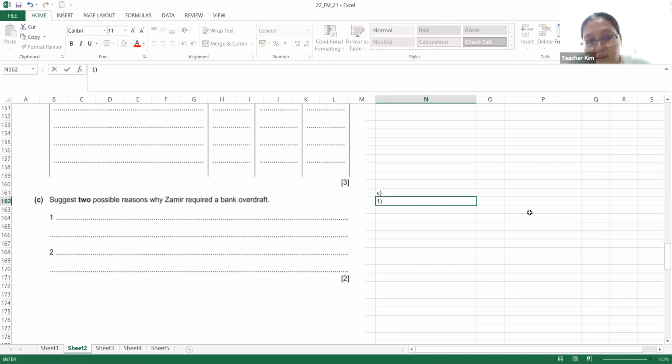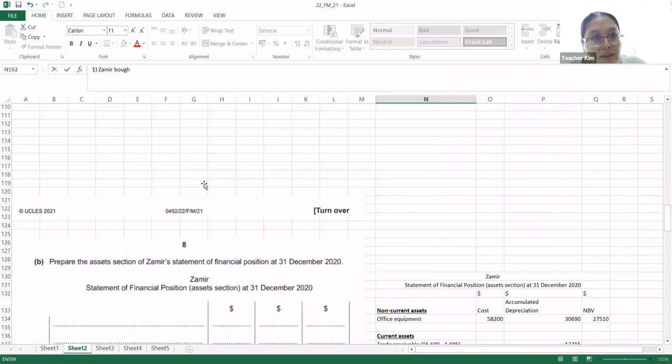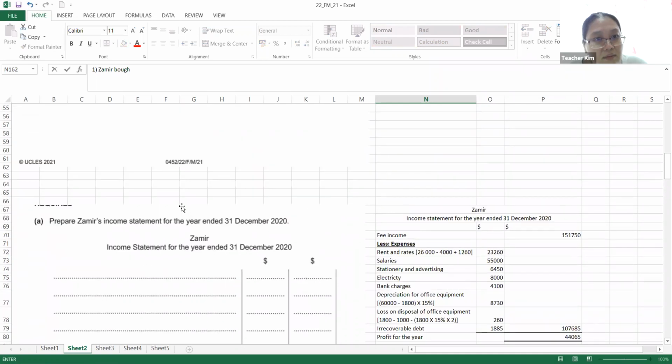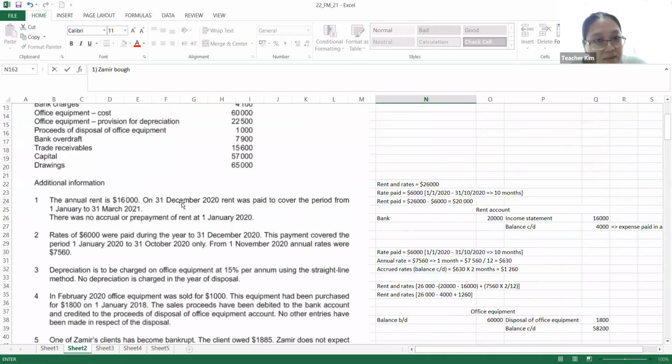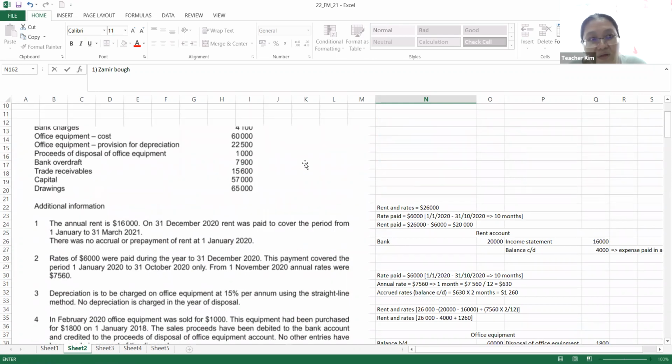One of the possible reasons is that maybe Zamir bought what? Let's see what other thing. There's no purchases of the non-current asset, we cannot say about it. Here, the main thing, you saw the drawing. The drawing is 65,000. So this drawing is a lot.